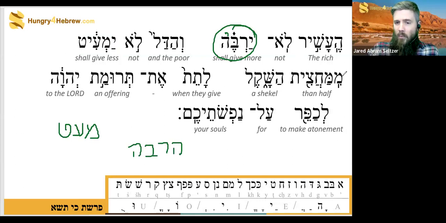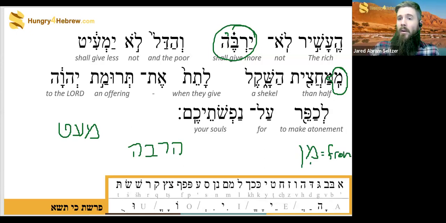Less than what? Well, the comparative mem rushes to the rescue. In English, we say something is bigger or smaller. We put an -er on the word, or biggest or smallest. In Hebrew, we use the min, the mem, from, in order to compare things.